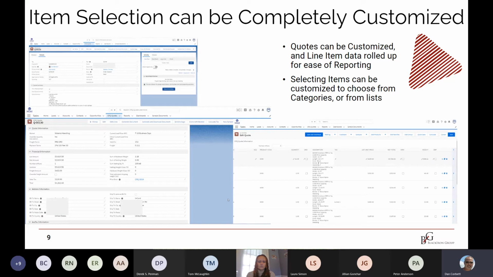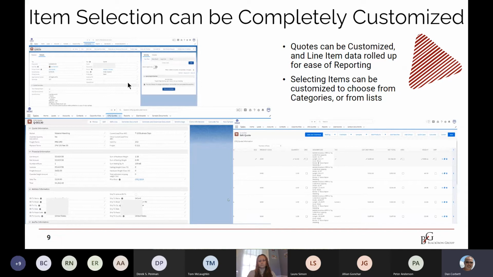In this example, after we build out a quote, we have information subtotaling from the line items. You've got some weight data coming from the items as well, rolling up. We blacked out the addresses, but all the bill to and ship to information comes loading in for us.